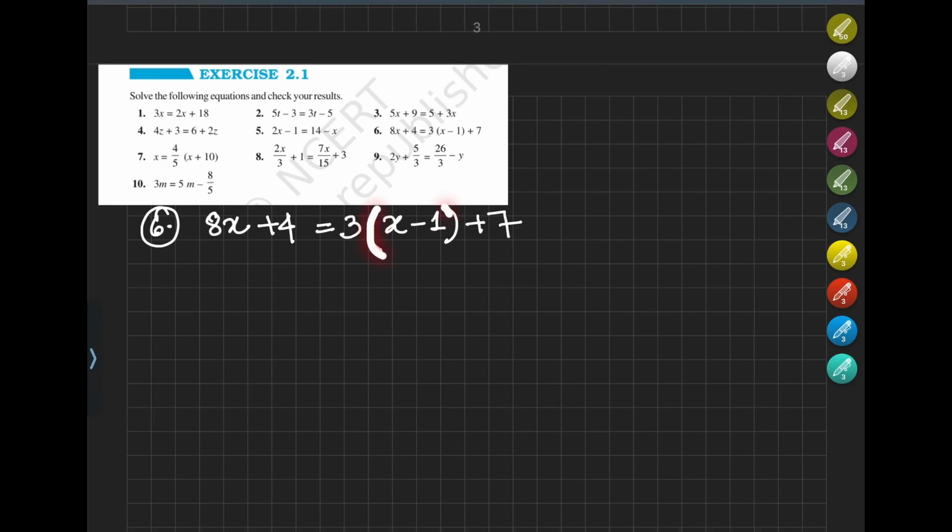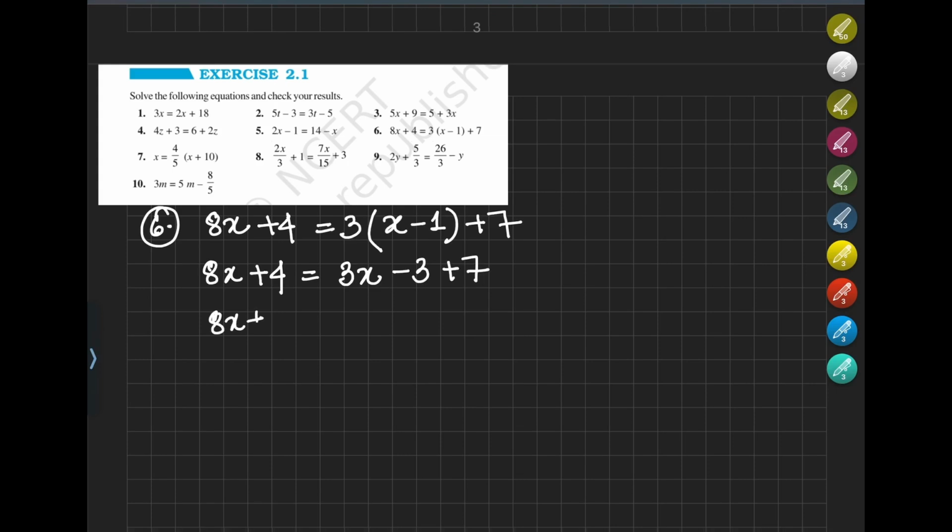We are going to open the bracket first by multiplying the 3 with the terms inside the bracket. So 3 is multiplied with x, and then 3 is also multiplied with minus 1. So 8x plus 4 is equal to 3x minus 3 plus 7.